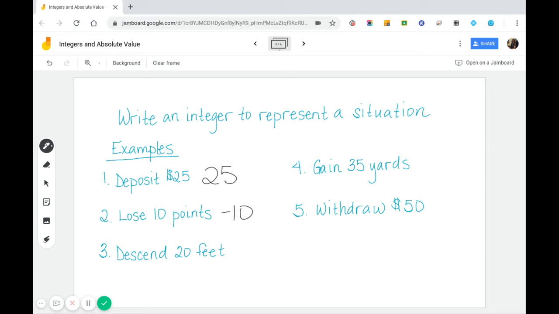A diver descends 20 feet below the surface of the water, so that's a negative 20. If you gain 35 yards, that's a positive, so 35. Withdrawal is the opposite of depositing in your bank account. Withdrawal is when you take money out, so I would use a negative 50 for that.